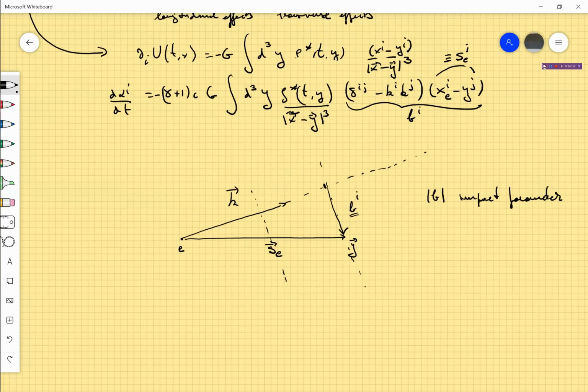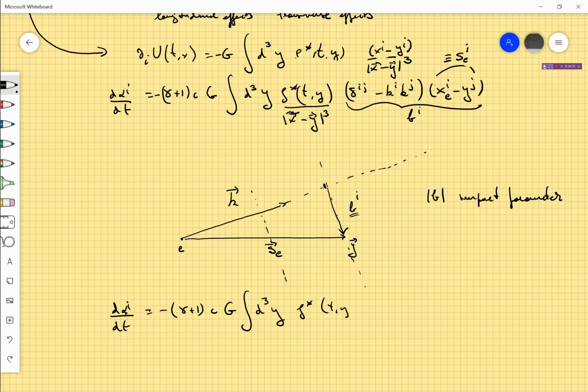So with all these definitions, the equation now takes this form, with rho star of y over |x minus y| cubed, and this is just b_i.